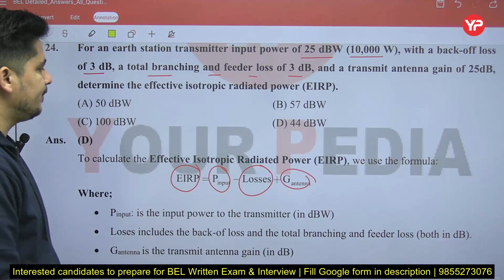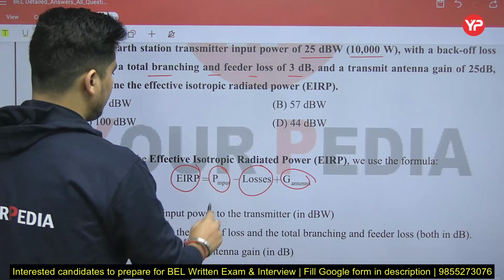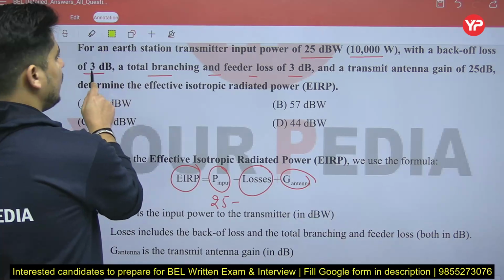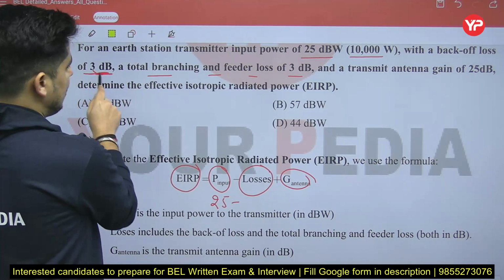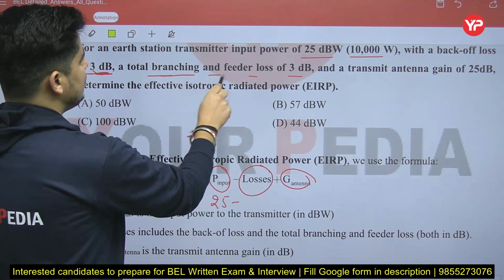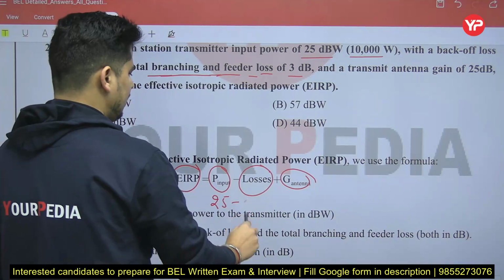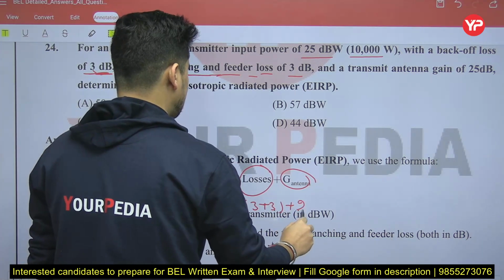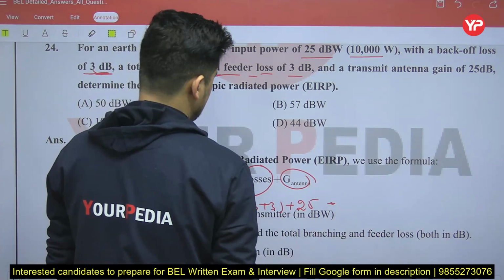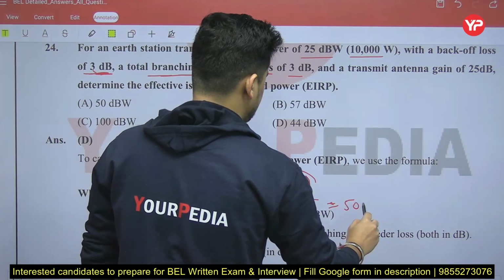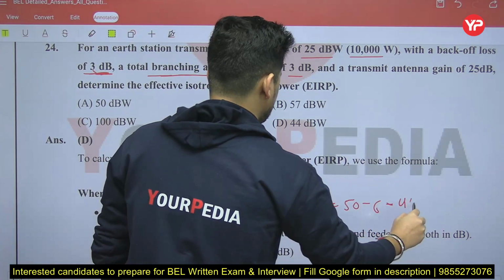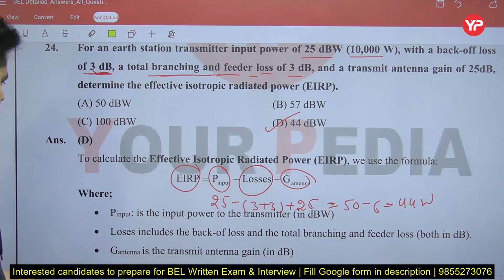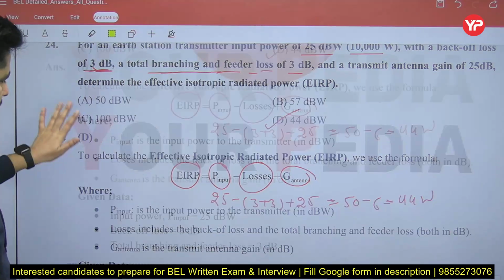Power input is 25. There are two losses: one is back-off loss, another is branching and feeder loss, so that will be 3 plus 3, and plus gain of the antenna, that is 25. So the answer will be 50 minus 6, that is 44. So the answer will be D.